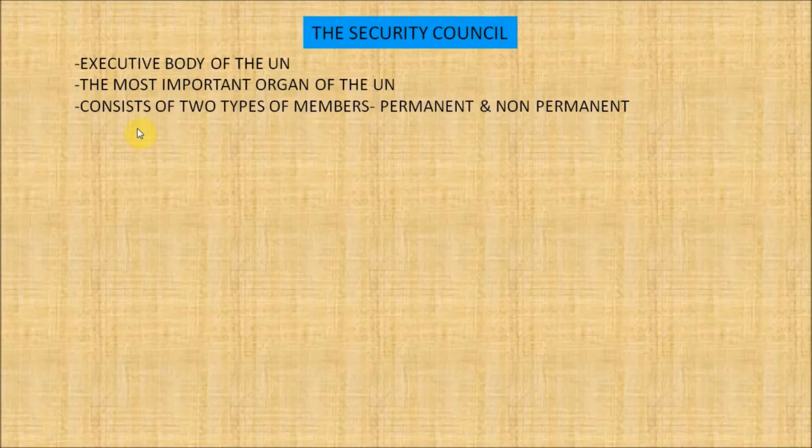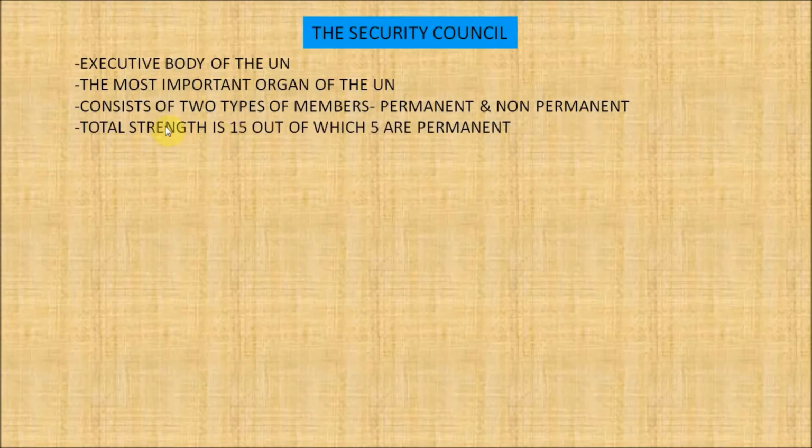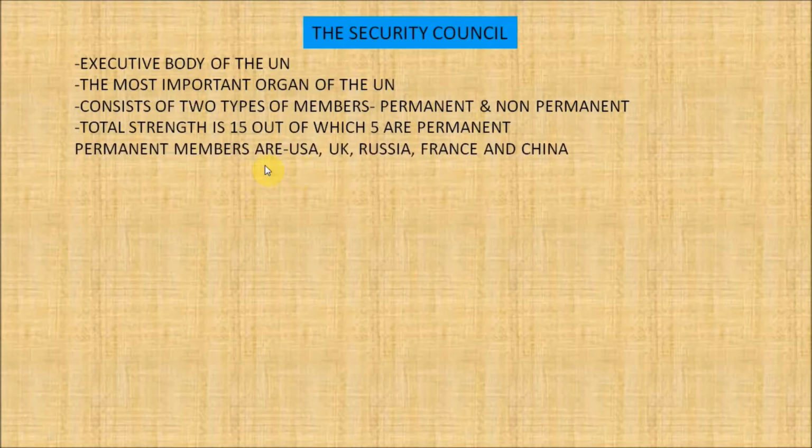It consists of two types of members, that is permanent members and non-permanent members. Its total strength is 15, out of which 5 are permanent members. The permanent members are USA, UK, Russia, France, and China.